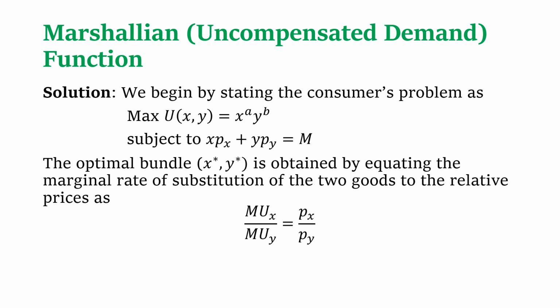Once we obtain those two derivatives, we just divide the marginal utility of good x over the marginal utility of good y to obtain the marginal rate of substitution. And then we equate that to the relative price ratio. Once we equate that to the relative prices, we can solve and derive both the Marshallian demand functions for good x and y.